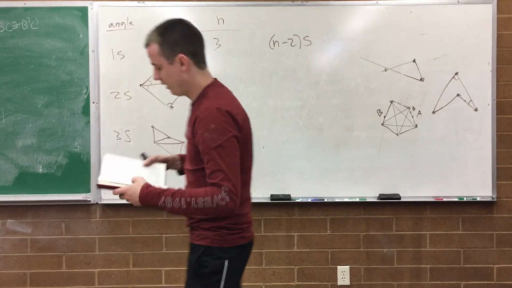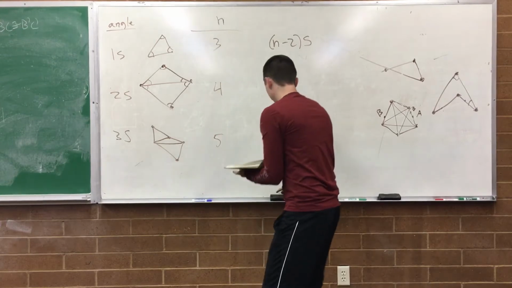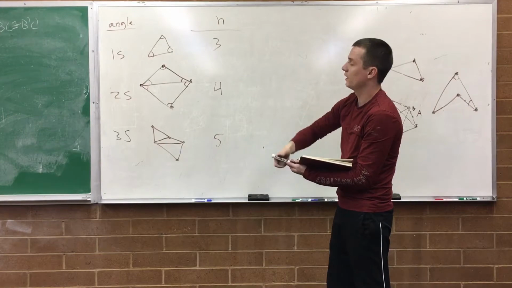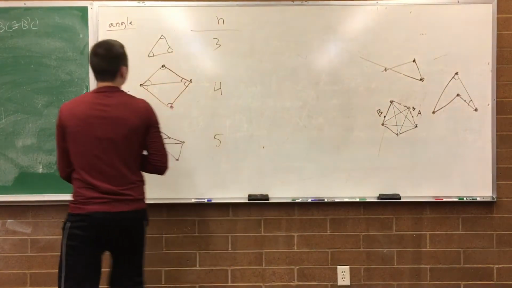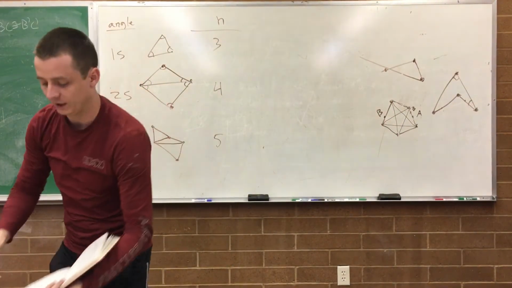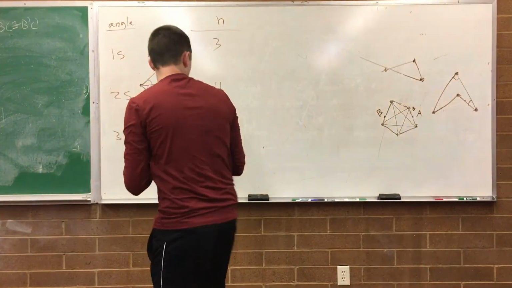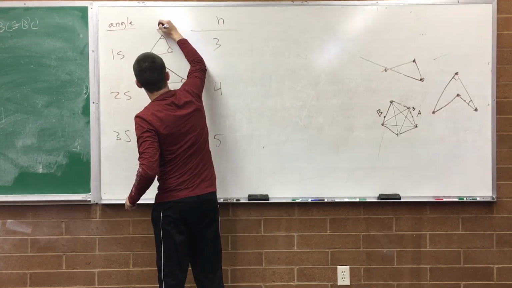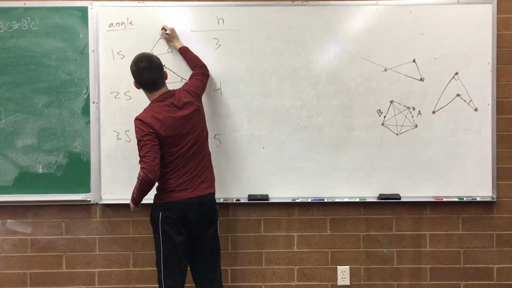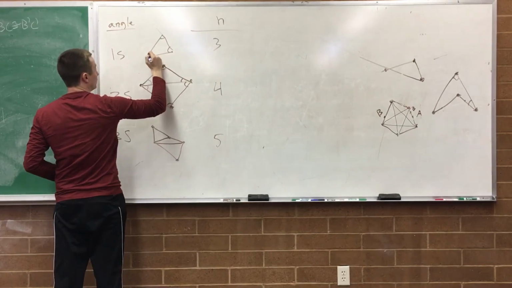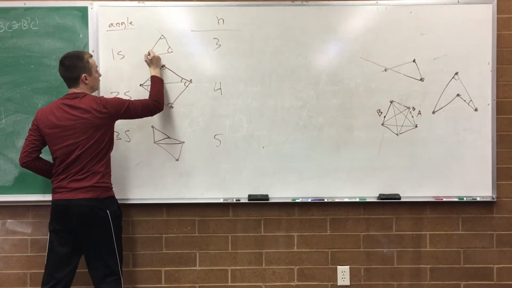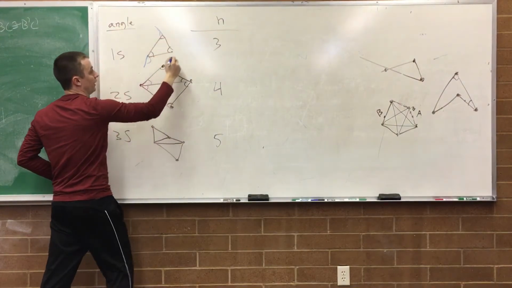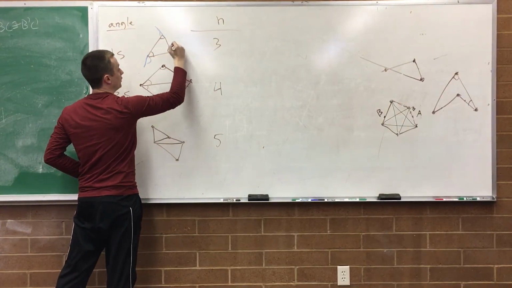Oh, and then another interesting note. So that was summing up the interior. Now let's look at the exterior angles of those things. Maybe I'll use blue here. What about if we were to look at the sum of this angle with the sum of this angle, and that angle with the sum of that angle?